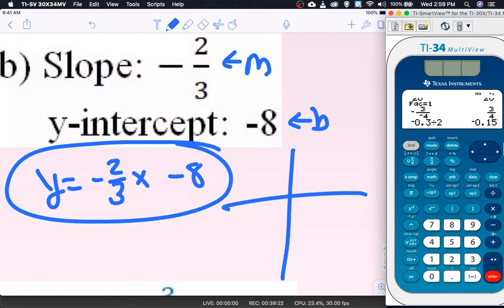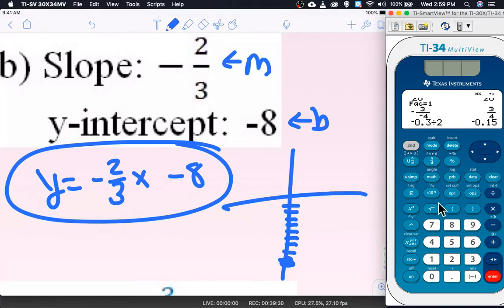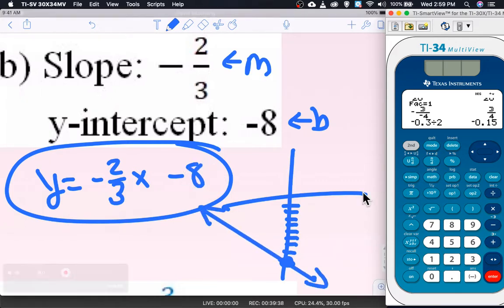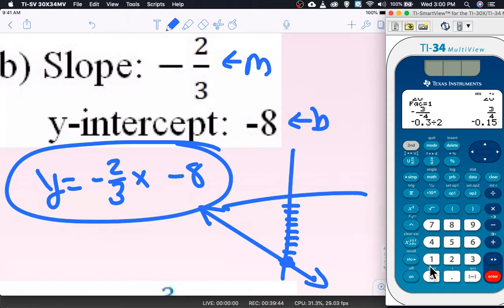So I'm imagining 1, 2, 3, 4, 5, 6, 7, 8 down here is where it crossed the y-axis. And it has a slope of -2/3, so I'd go down 2 over 3. So this line looks something like that, just playing pretend. Down 2 over 3, down 2 over 3, down 2 over 3, crossing at -8.